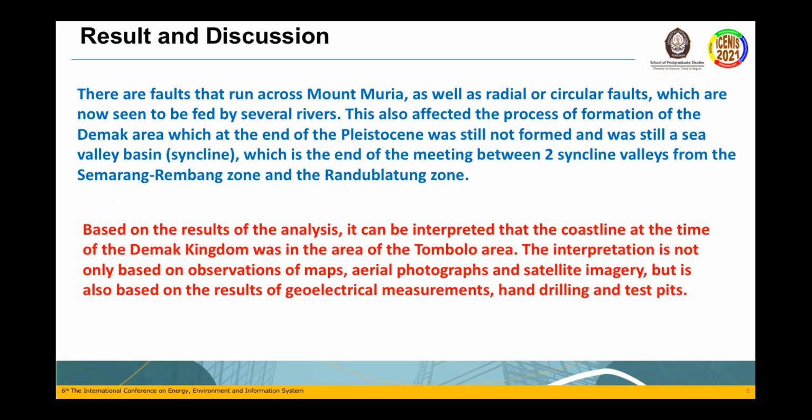This also affected the process of the area, which at the end of the Pleistocene was still not formed, a valley basin, which is the end of the meeting between two synclines, the Semarang Rembang Zone and the Randublatung Zone.